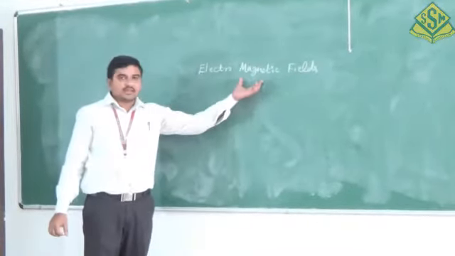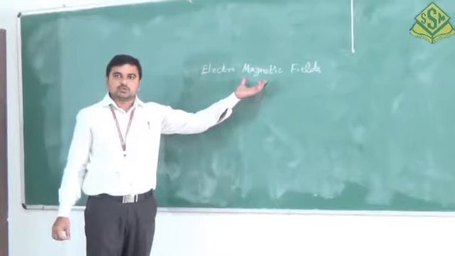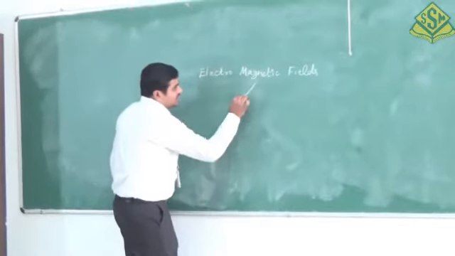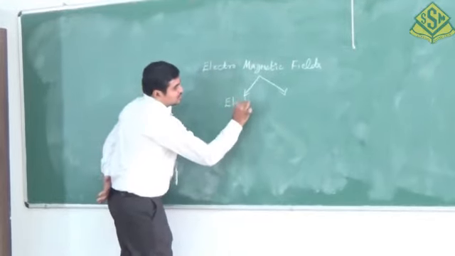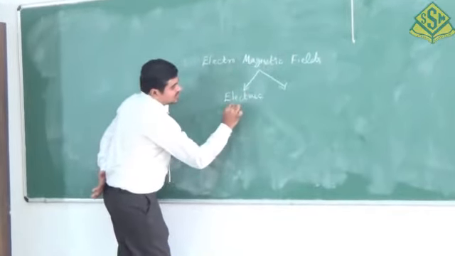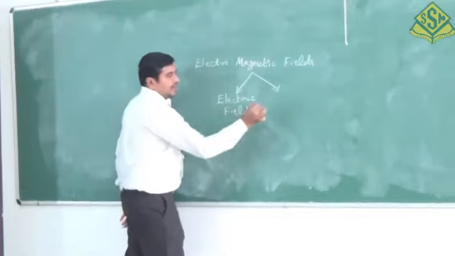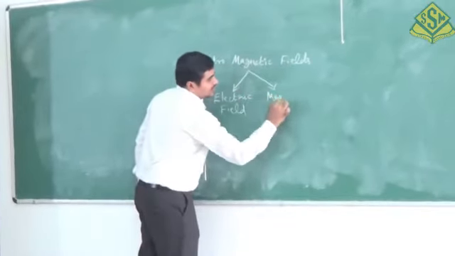Firstly, we divide these electromagnetic fields into two topics: electric field and magnetic field. This is electric field. Another one is magnetic field.